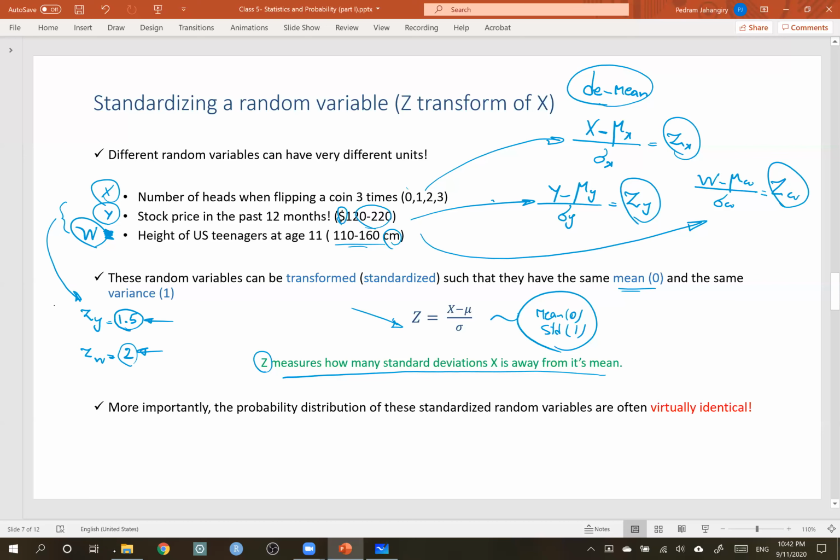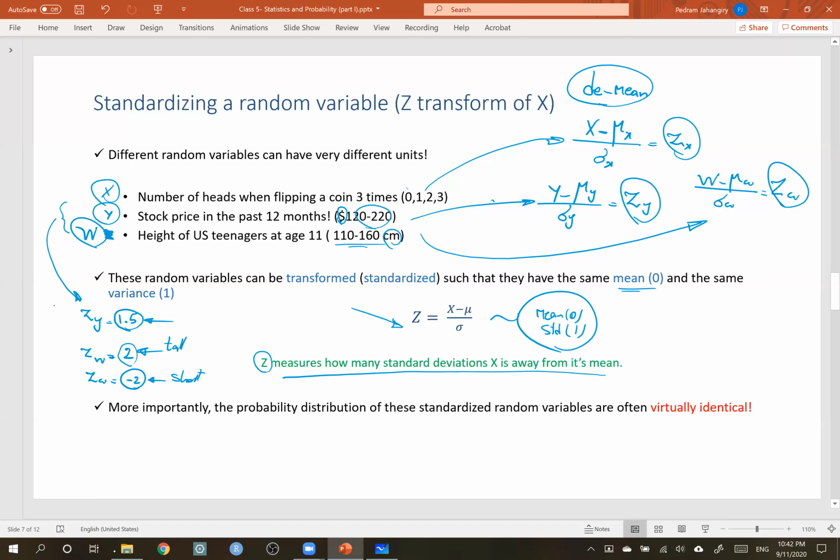If I'm looking at another individual in that teenager sample, and it is equal to -2, this means that that boy or girl is 2 standard deviations below the average. So I know that he or she is short, he or she is tall, right? So this is very interpretable, okay?